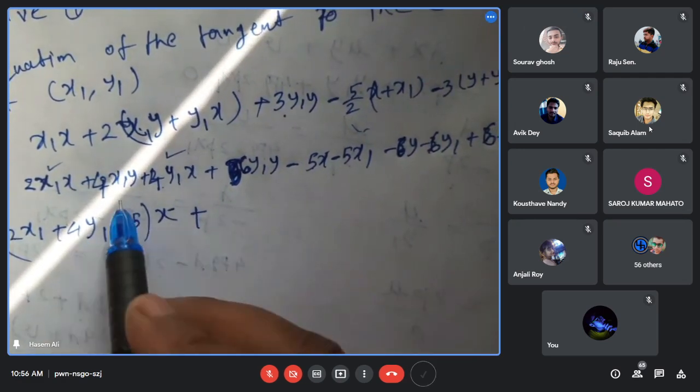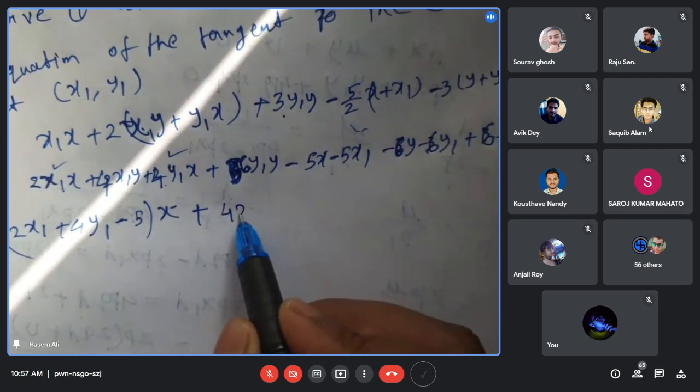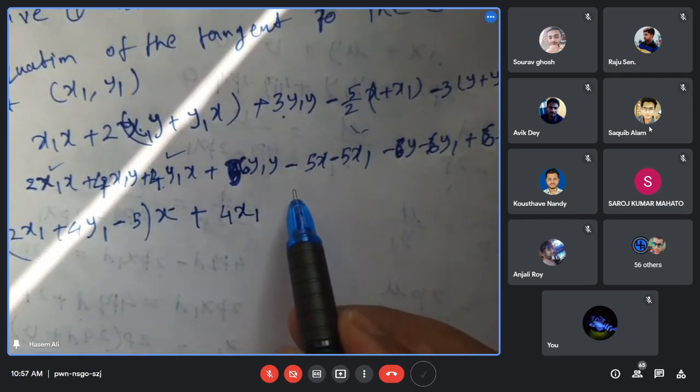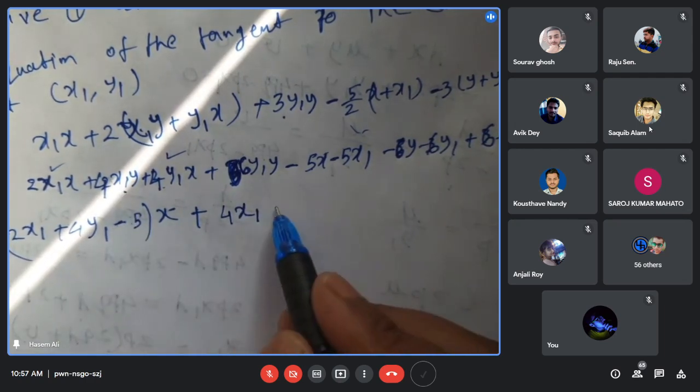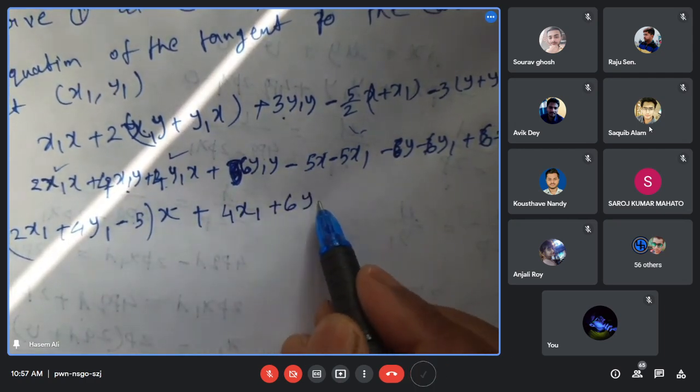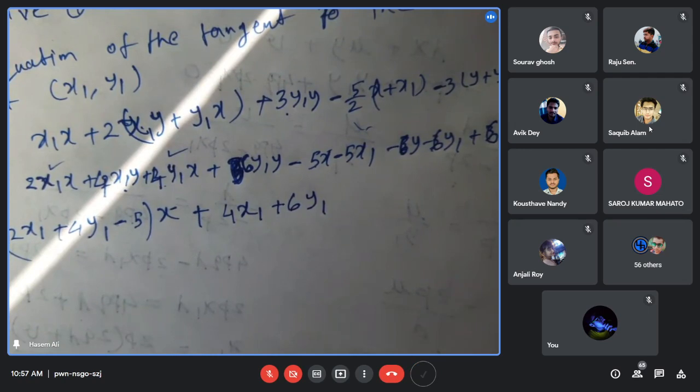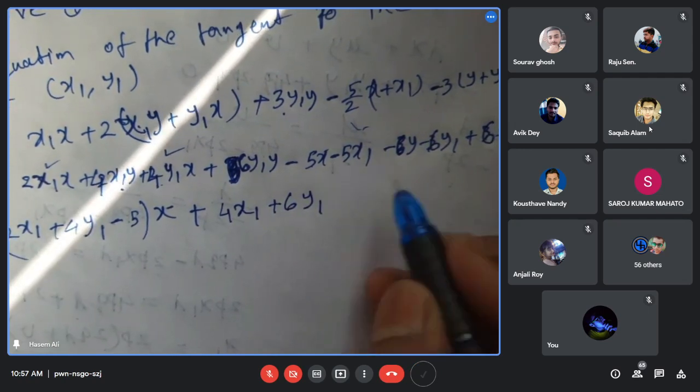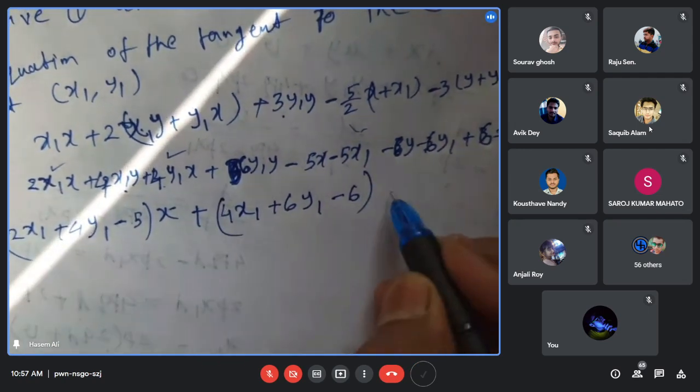Coefficient of y, it is 4x1 plus 6y1 minus 6 into y.